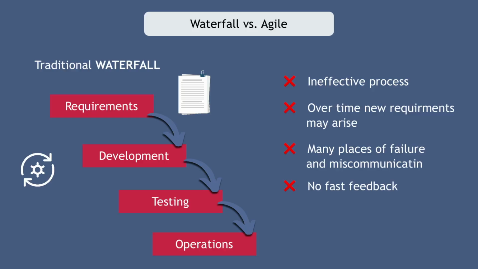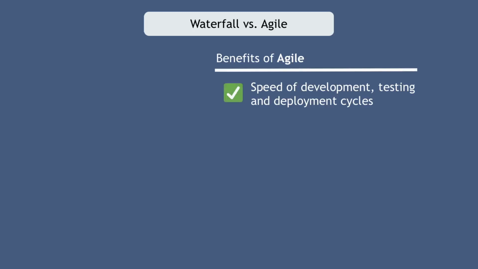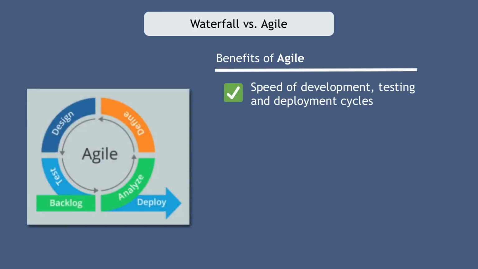So as an alternative to the waterfall method, a very extreme methodology was developed, which you probably heard of, which is called agile methodology for software development, which is actually pretty popular and is becoming increasingly popular across organizations and companies. And the main benefit, or the thing that it solves, is the speed of development, testing, and deploying cycles.